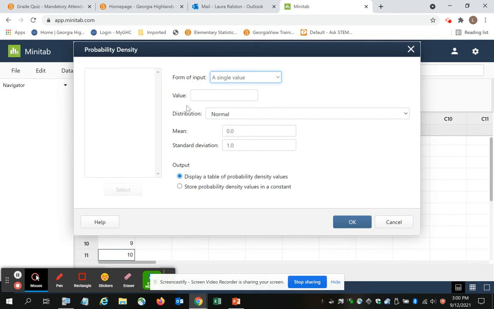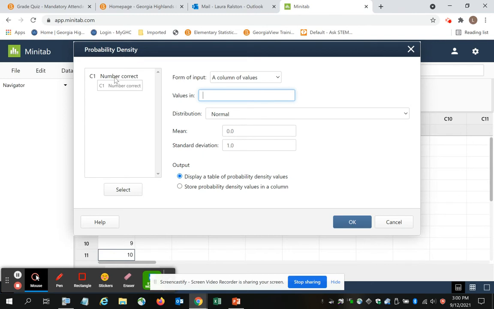You have to tell us the form of input. Are we going to input a single value, or are we going to use a column? We typically are going to be using a column. So I change the form of input using the drop-down bar to a column of values. I have to tell Minitab where those values are. My values are in column 1.